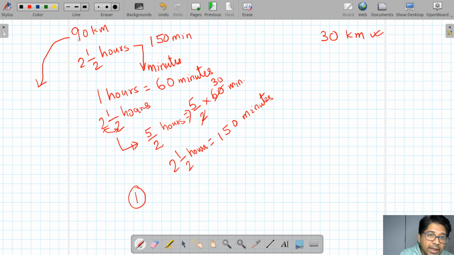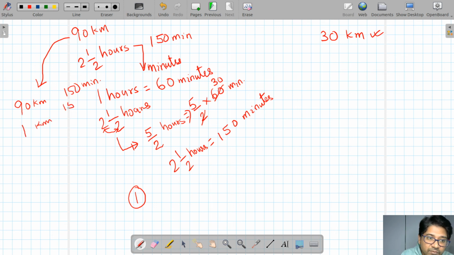So if 90 kilometers can be traveled in 150 minutes, then 1 kilometer takes how many minutes?